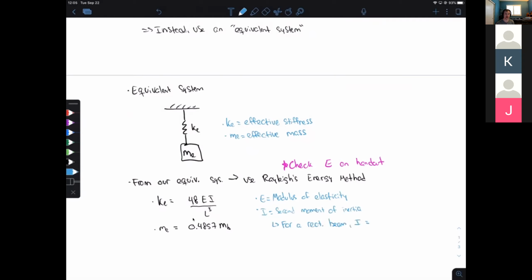So I is going to be the base times the height cubed divided by 12. And then we have L, that's going to be the length of the beam.